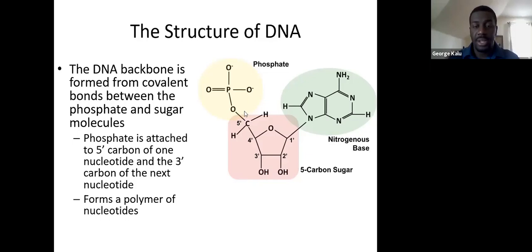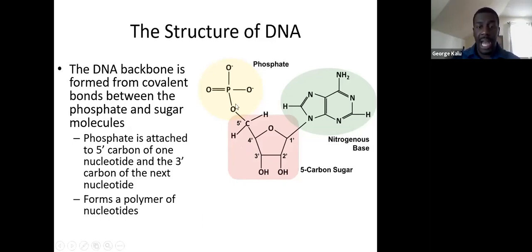The backbone of the DNA is going to be made up by the phosphate and the sugar. In this case, the phosphate and the deoxyribose. Our phosphate and our sugar, our deoxyribose, are going to be bonded to each other in a very specific manner.